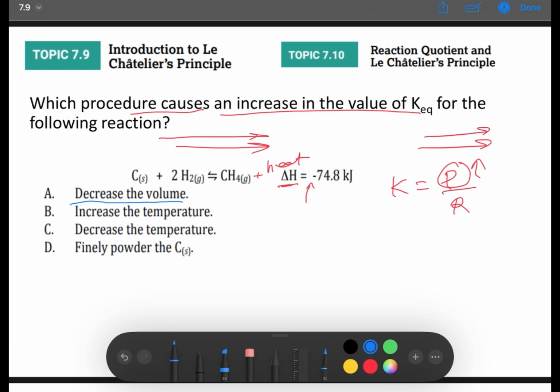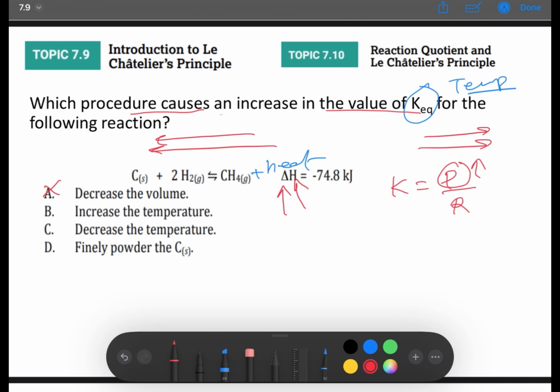Just remember, the only thing that affects the value of K is temperature. So it's not volume, it's not concentration, it's not pressure. Increase the temperature? If I increase the temperature, on the side of heat, the reaction will be shifting to the reactant side and more reactants will be produced, and that's why it's not. And decrease the temperature?